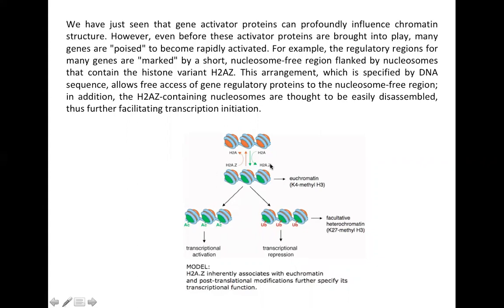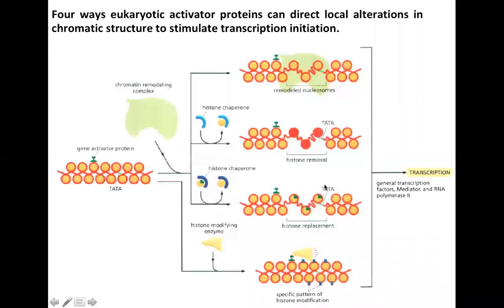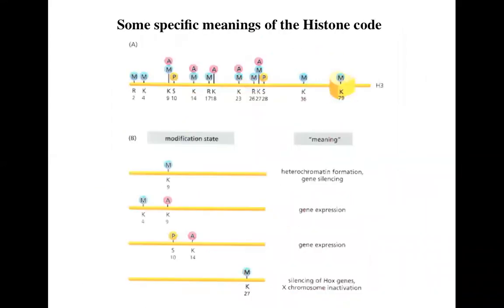Now, when H2AZ is here, and we have this euchromatin which was expressing itself, here it is written K4 methylation of the H3 tail. If I switch back to one of our previous slides where we were talking about the histone code, here's the histone code. We have studied that methylation of K4 led to gene expression.